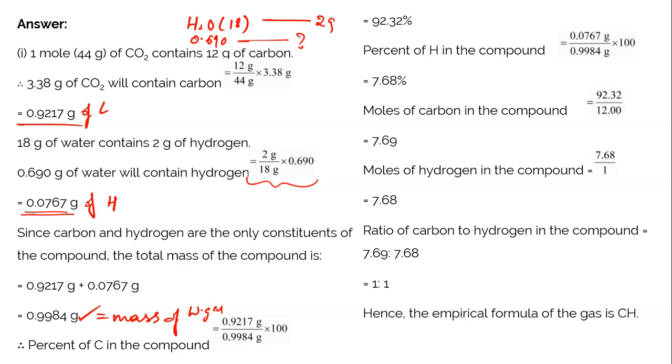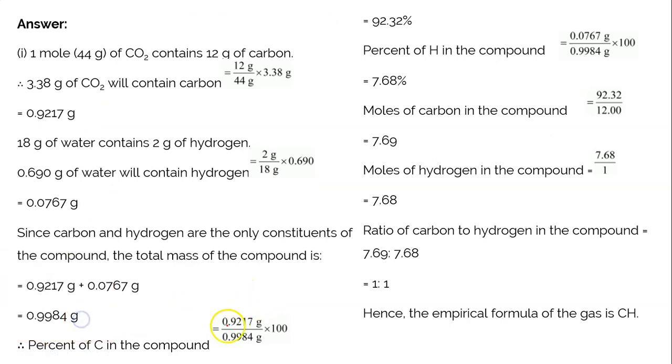Okay. So now since you have calculated the mass of welding gas, calculate the percentage composition of carbon in that welding gas. How do we calculate this? It's very simple. Percentage composition has a formula. Percentage composition of an element is equal to the mass of the element divided by the total mass of the molecule into 100.